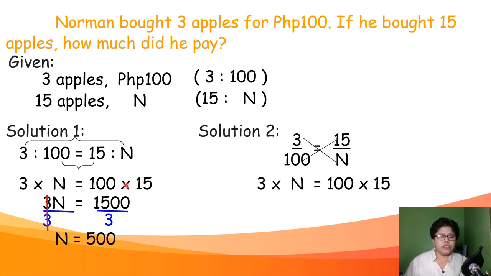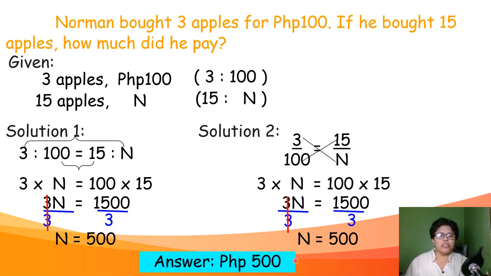So, pareho lang siya dito. Tama? And then 3 times n is just 3n. And that is equal to 1,500. Again, divide natin by 3. Divide by 3. And then cancel natin yung 3. Tandaan, 3 over 3 is just 1. Kaya nakakancel na siya. So, 1n is just n. And then that is equal to 500. So, sagot natin dito is 500 pesos. Okay?